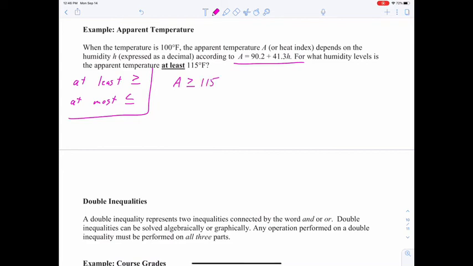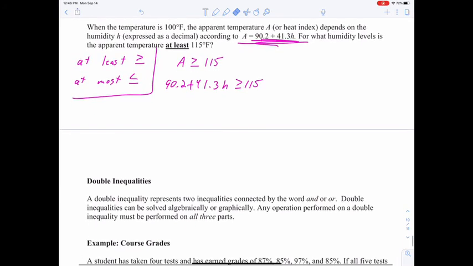All right, and we know A is this equation right here, so we plug in 90.2 plus 41.3H greater than or equal to 115. So again, we're going to go through the process. We're going to get all the numbers to one side, get the variables to one side, and get the variable by itself.